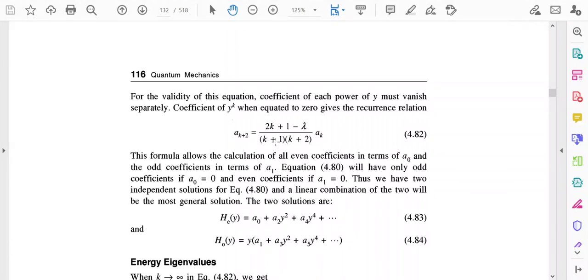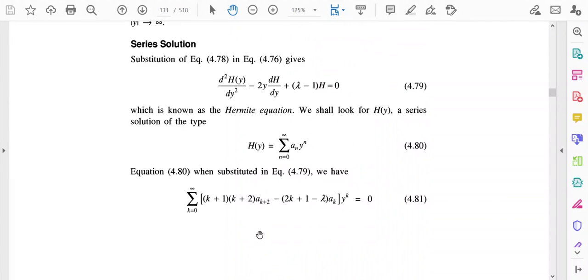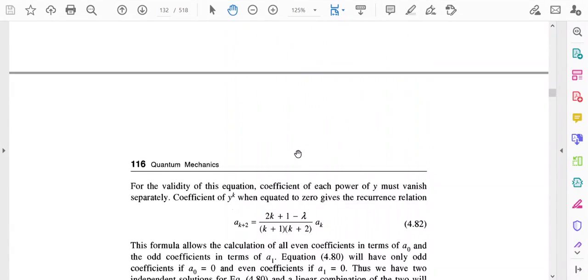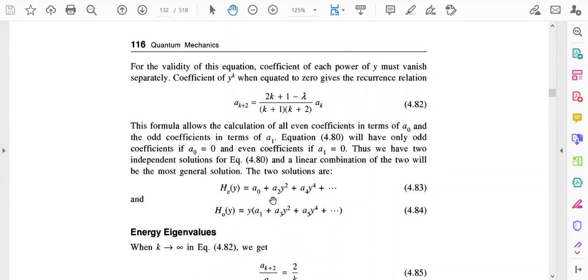For odd coefficients, the expression has been written by taking y common. From the full expression, the first term is a0 into y to the power 0, which means 1.